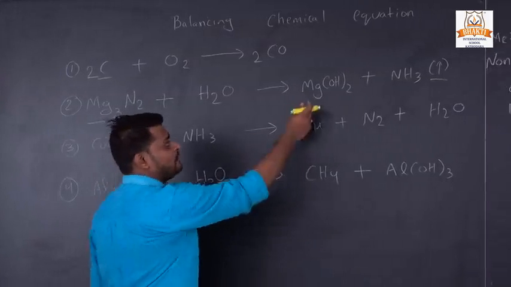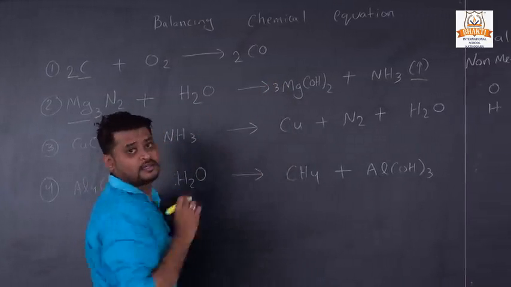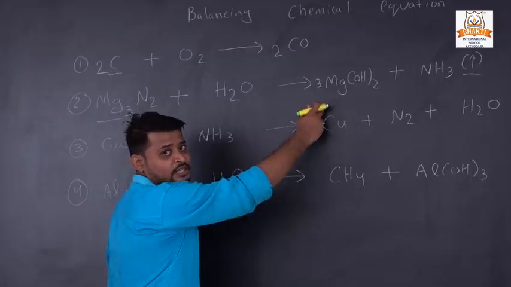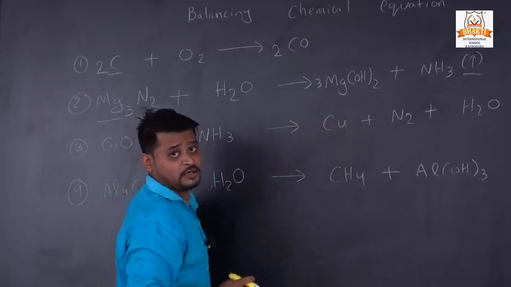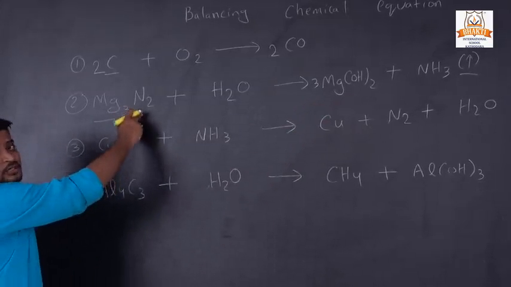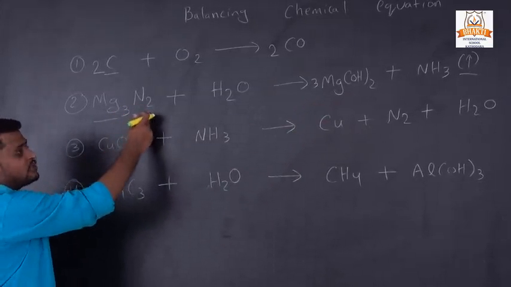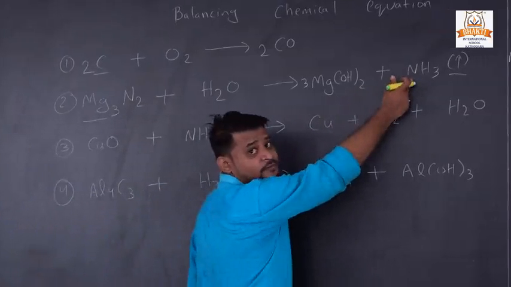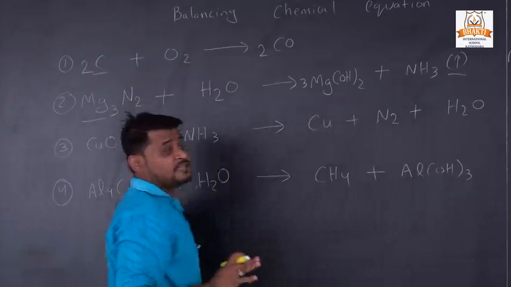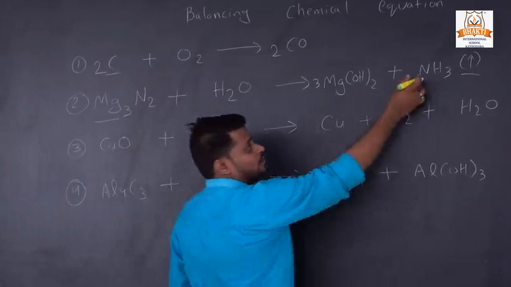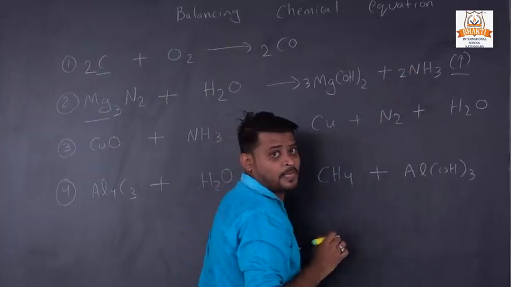So we multiply magnesium by 3. Now magnesium 3, magnesium 3. Then we check non-metal. Nitrogen is the non-metal, and nitrogen is 2 here and 1 here. So nitrogen is also unbalanced. So we multiply it in the product by 2.